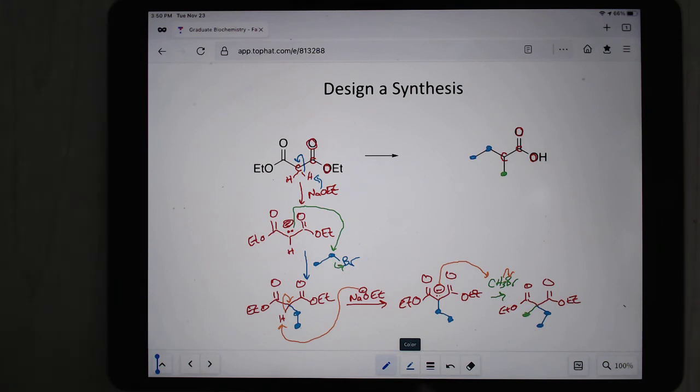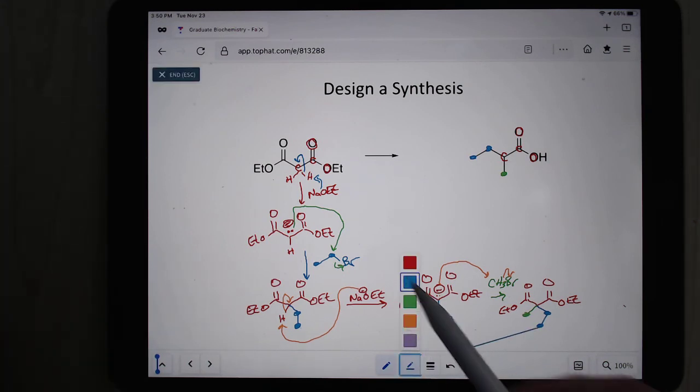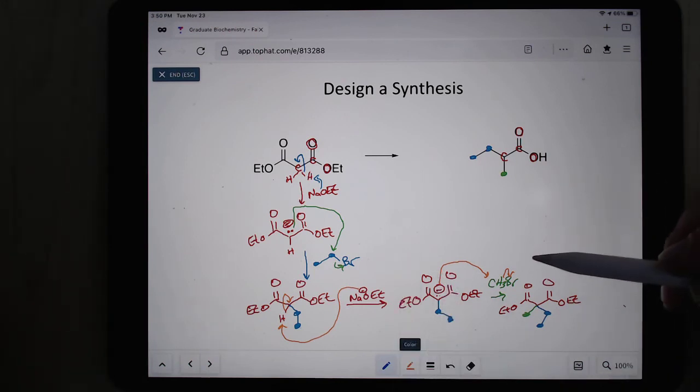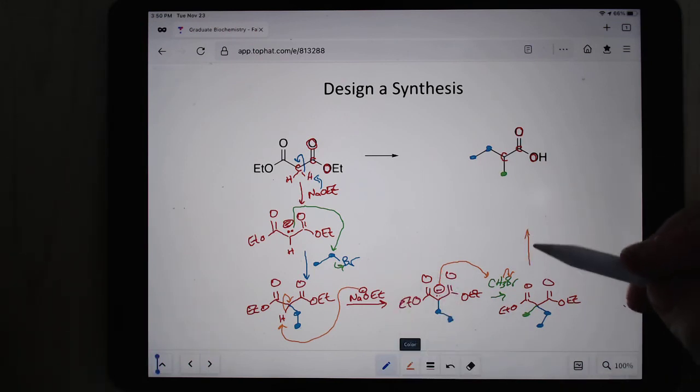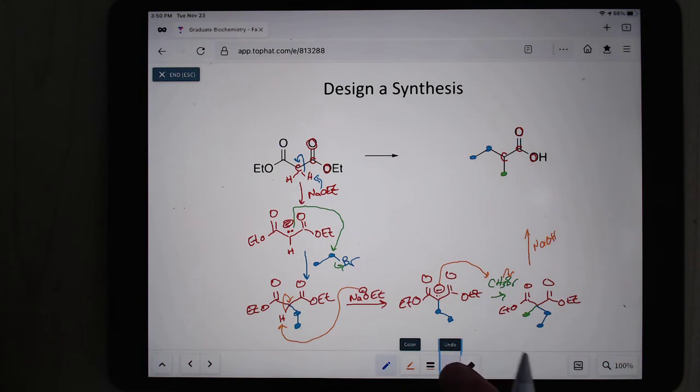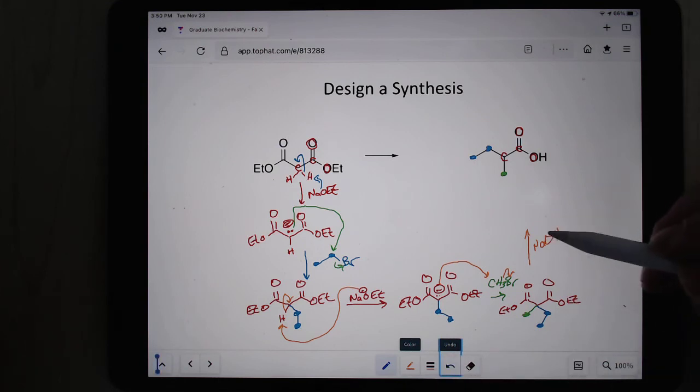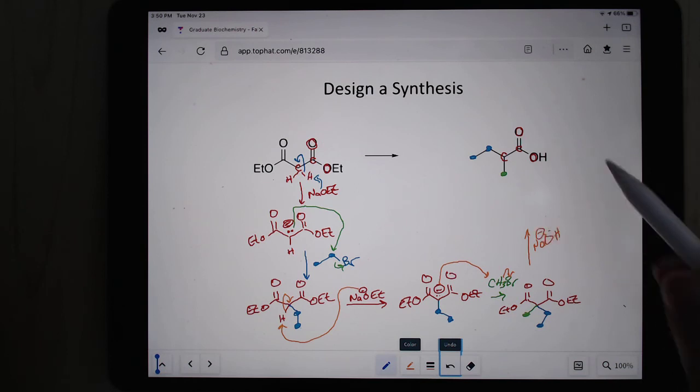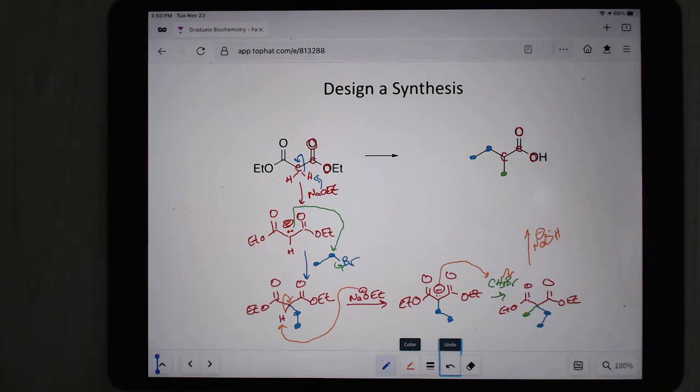So now you go through the final steps of the process. We're going to be adding a large excess of sodium hydroxide. Now it's actually important that it's hydroxide, because what we want to do is convert them into carboxylic acids.